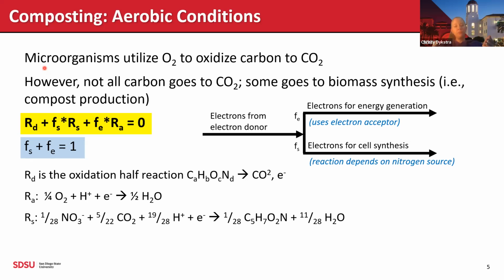So microorganisms, when they use a certain electron donor that has carbon in it, it's going to use an electron acceptor, such as oxygen, to take that carbon from that big organic molecule and bring it over, attach it to two oxygens, and produce CO2.